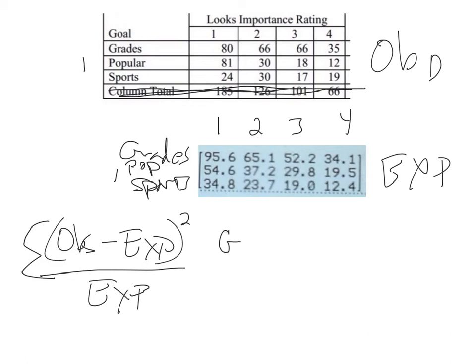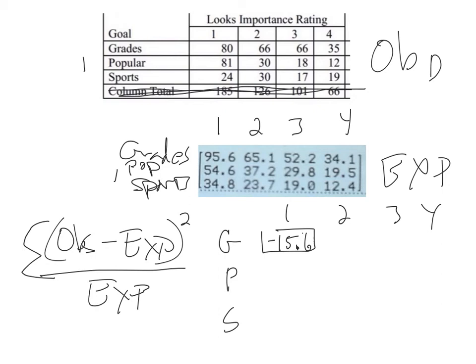So I'm going to have grades, popular, sports, 1, 2, 3, 4. To get the first element here in that cell, we're going to subtract 95.6 from 80. That gives me negative 15.6.